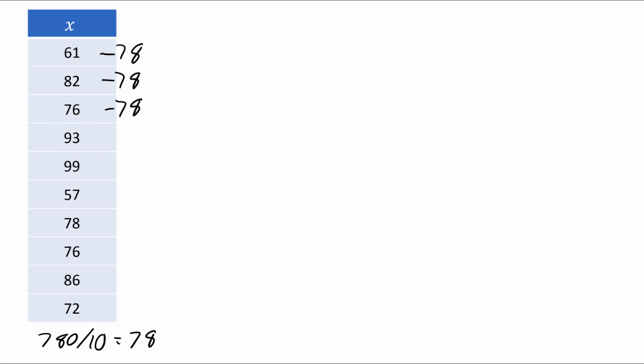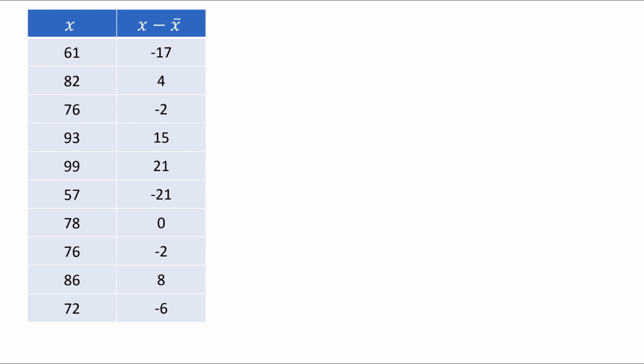We'll call that column x minus x bar, because x bar is the mean. All we did was take each of those values minus 78, the mean. That gives us negative 17, 4, negative 2, 15, 21, negative 21, 0, negative 2, 8, and negative 6. So that's how far each of those 10 test scores is from the mean.